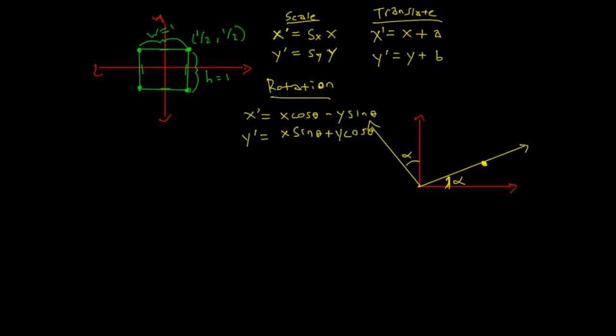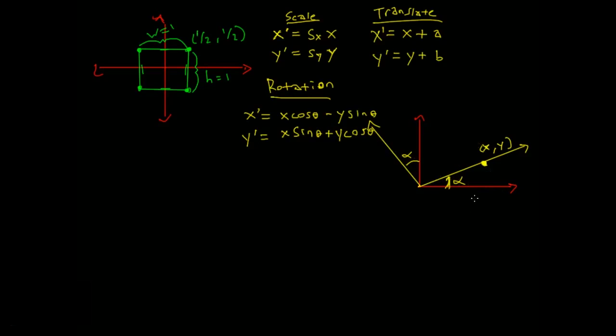However, for this demonstration, I will assume that we have an initial rotation. So this point's coordinates will be x comma y. Now how can we represent x comma y? You know the rules of trigonometry. Just to show you, if I draw a line from the point x comma y to the x-axis, you can see it's a 90-degree angle.